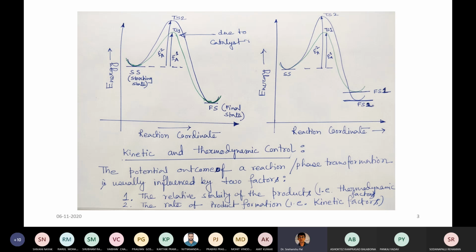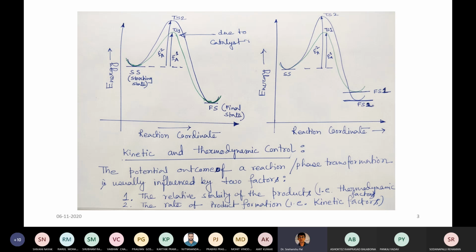Now we can concentrate on the kinetic and thermodynamic control of the system. The potential outcome of a reaction or phase transformation is usually influenced by two factors. One, the relative stability of the products, that is the thermodynamic factor. You can check in the second diagram, the diagram on the right hand side, where there is a relative stability of the product, final state 1 or final state 2, that is the thermodynamic factor.